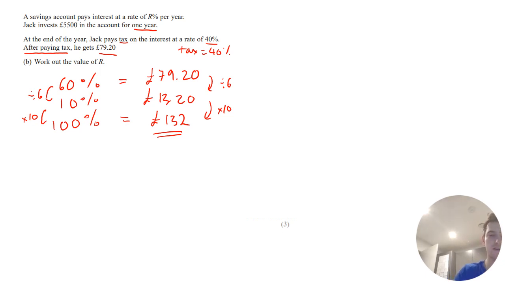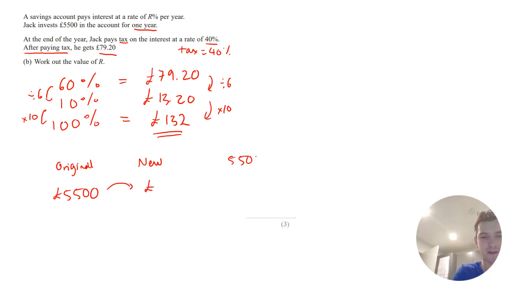So the way to do this, if you do your scale factor model, you know that the original amount was 5,500. What is the new amount? Well, that is going to be 5,500 plus the interest, because you know how much interest he gets, which was 5632.